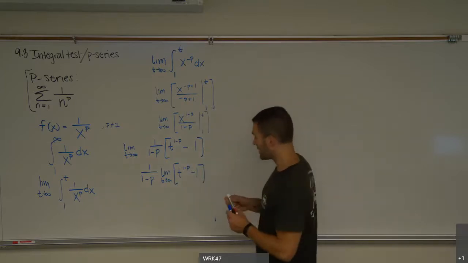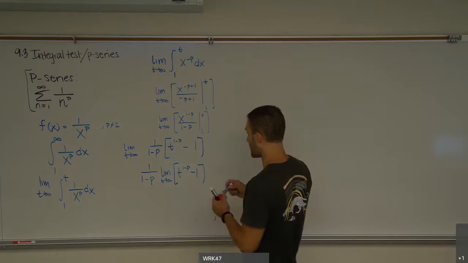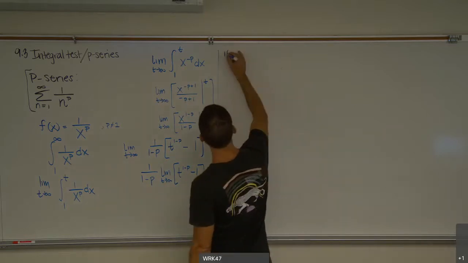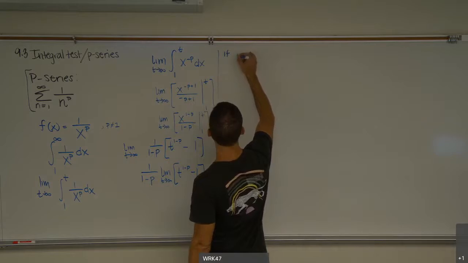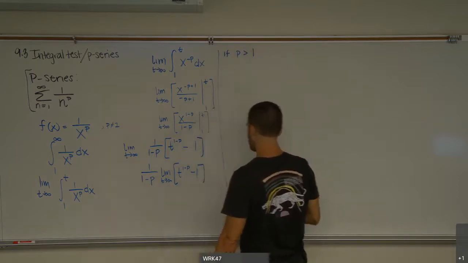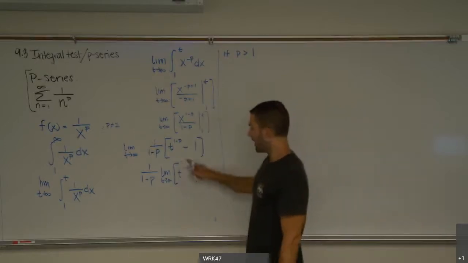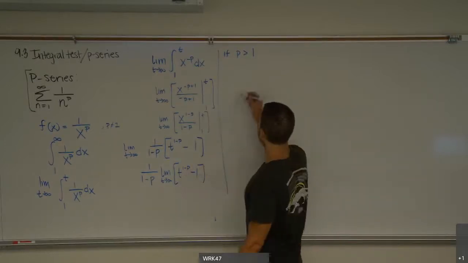And so in this situation, we have to think about what's going on with the value of p. If p is bigger than 1, then this value will go in the denominator.